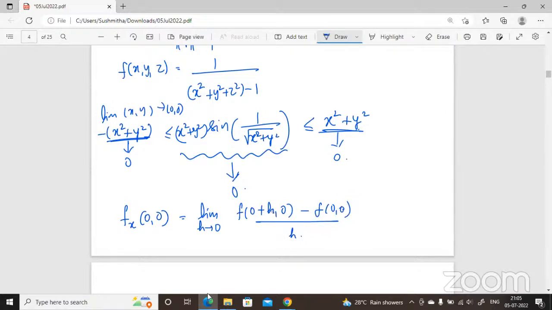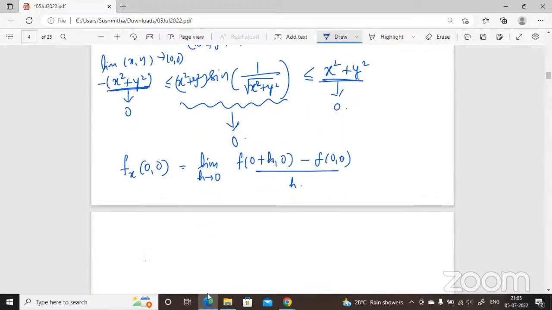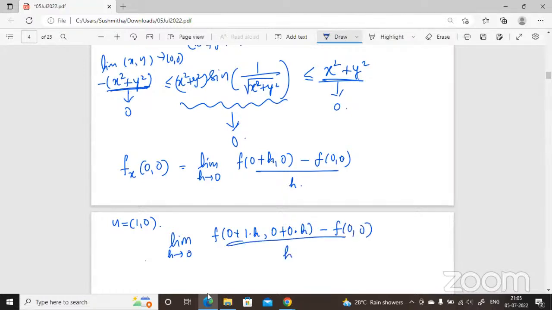Ma'am, why don't we put 1, 0? Because in calculating the partial derivative with respect to x, we have to take y as a constant. The direction is 1, 0. So you have to put 1, 0 in the formula for the directional derivative. So that's going to be 0 plus 1 times h, comma 0 plus 0 times h, minus f of 0, 0. Okay, this is the definition, right?